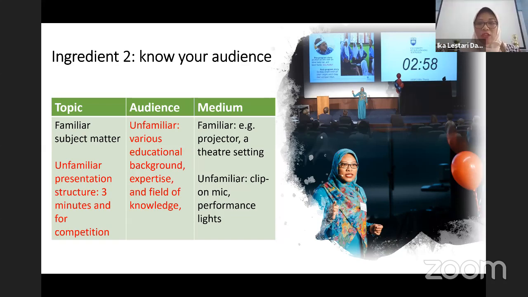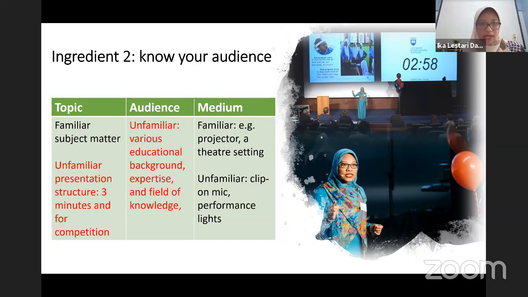Many of us know ESL is English as a second language and EFL is English as a foreign language, but many of them think ESL is second language and maybe EFL is English as first language. So even the terms that sometimes I take for granted in my field, I need to explain to the audience who are not coming from the same area.